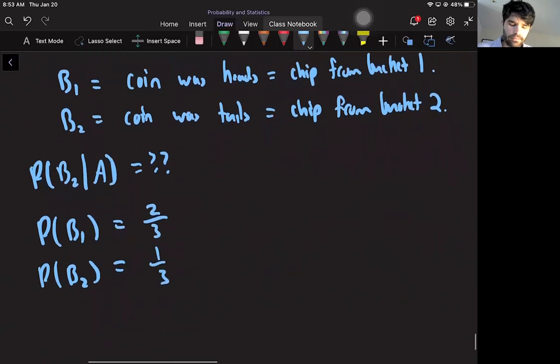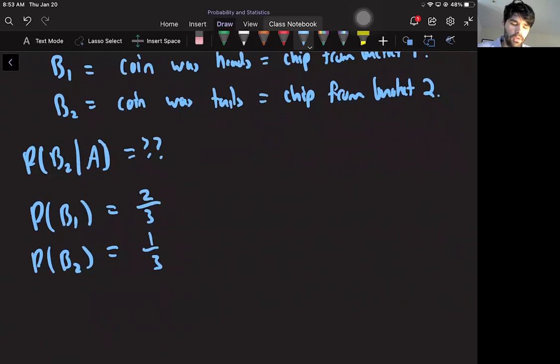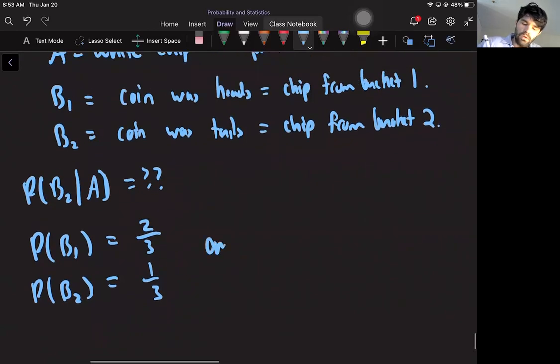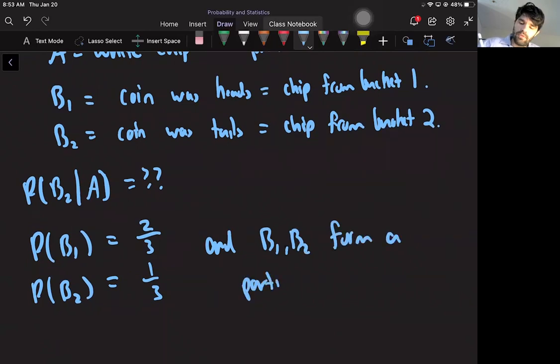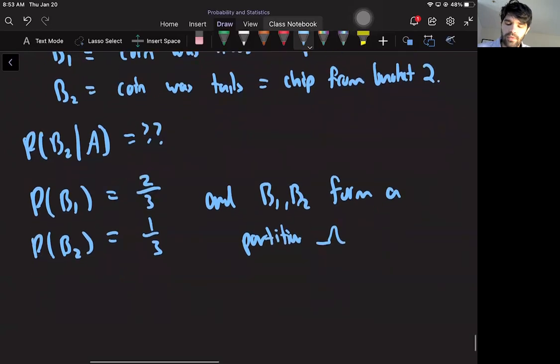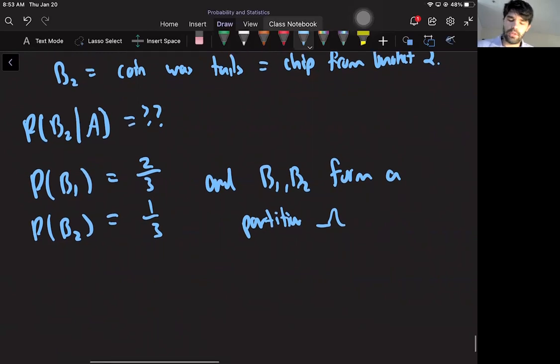So that's the first trick to know. And B1, B2 form a partition of the sample space because all the chips are either in the first bucket or the second bucket. You have to pick one or the other, and there's no overlap between the buckets. So they form a partition.